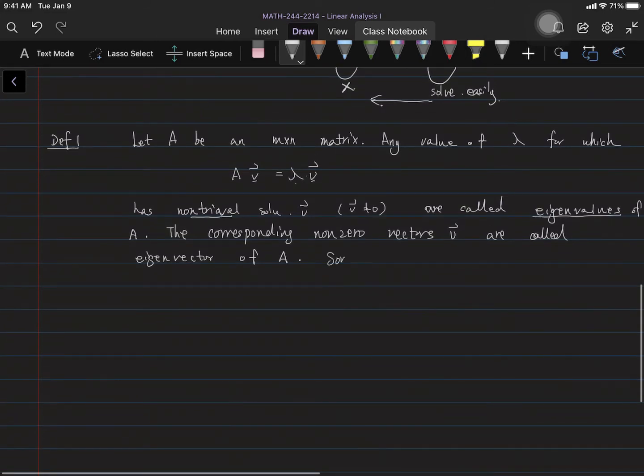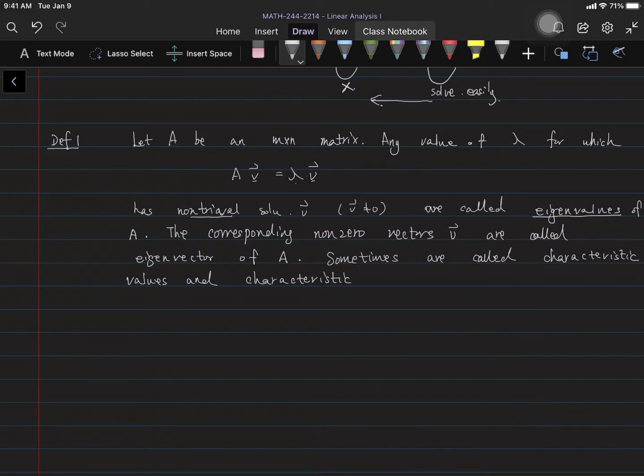That's in some other books. It's just a different name, but we use eigenvector and eigenvalue more often.